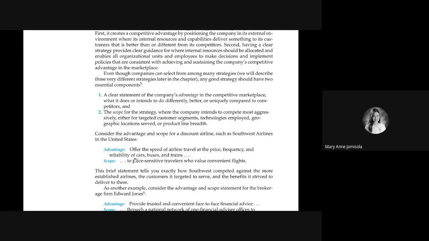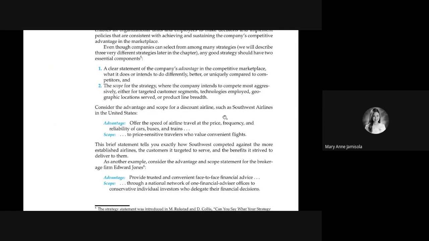Then ang ilang scope is only to price sensitive travelers who value convenient flights. So if you can see, this strategy of the company is more of the verbal statements lang pod related to their competitive advantage and to their target market.